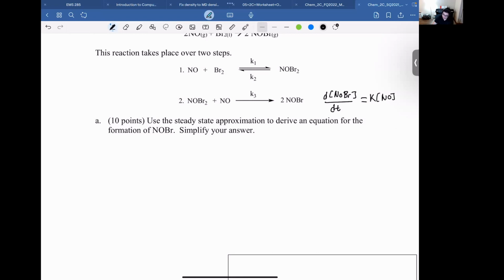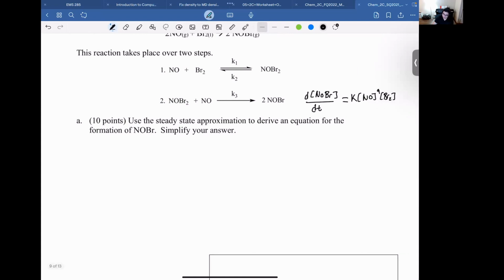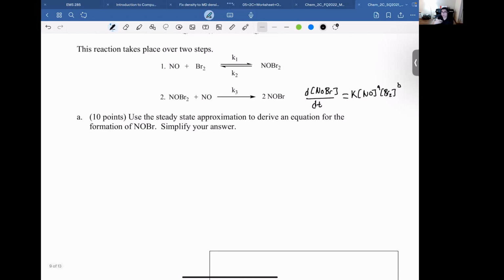Right, so you start with certain things. In this case, you have NO and you have Br2. And I'm going to have some rate of this form. I want to make that clear that it's going to be of this form, which is why we end up replacing some stuff, right?